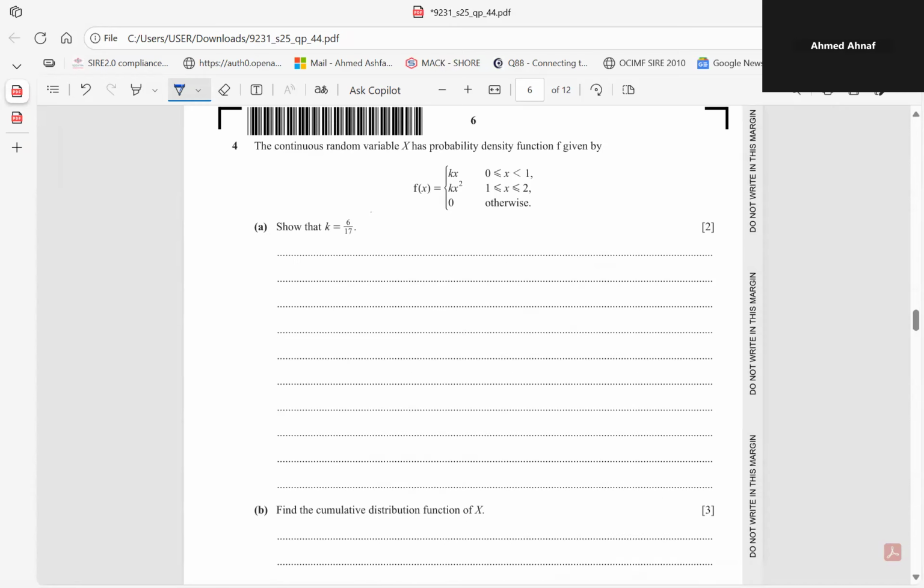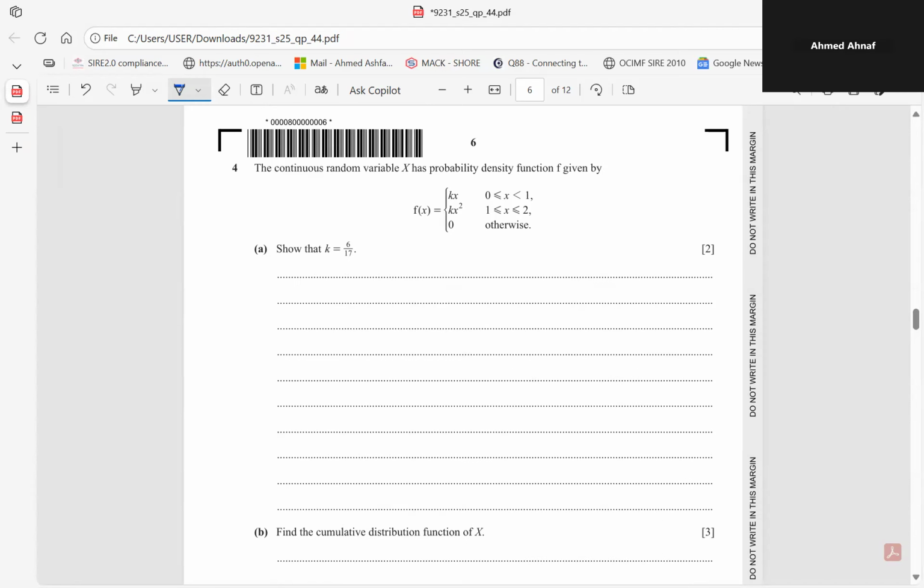For this question 4, we're told that the continuous random variable x has this PDF, probability density function. You can see it's given as a piecewise function. kx is valid for 0 to 1 and kx squared is 1 to 2.